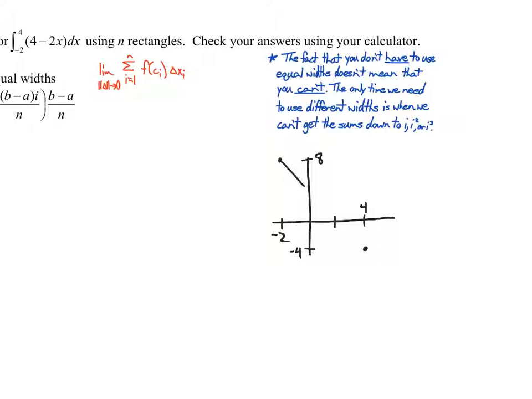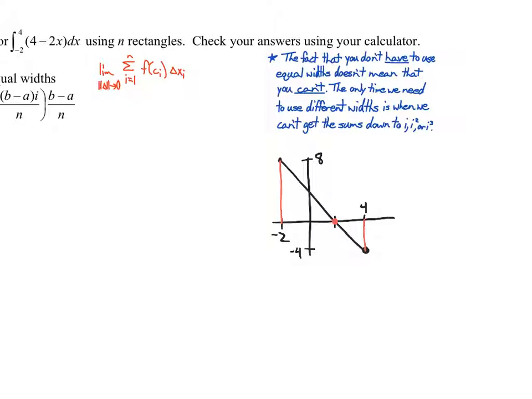So we get our line here. And I don't even need to approximate, I can actually find the value of this integral the way we did with some of the homework last night, by finding the areas of these triangles.